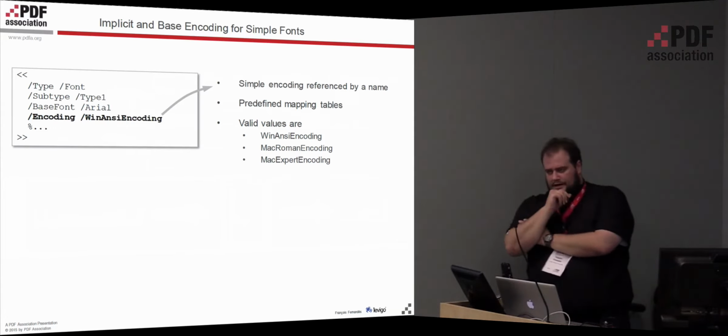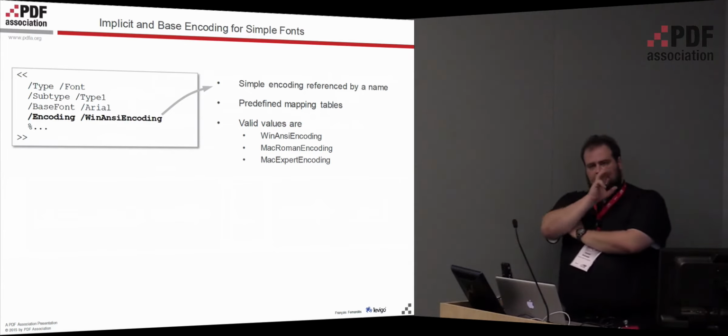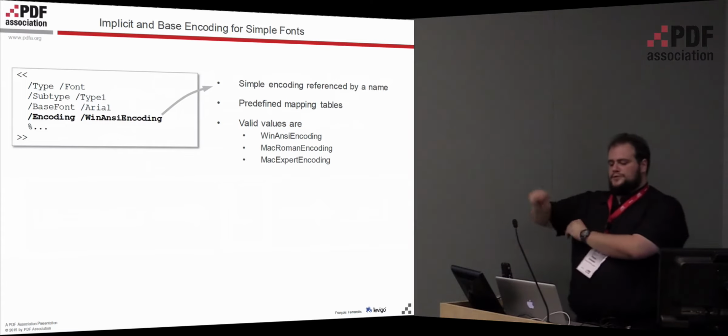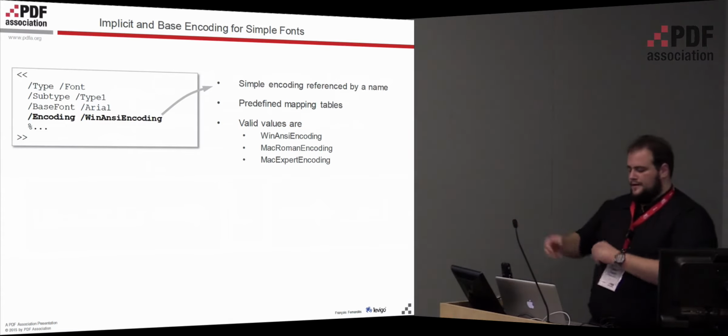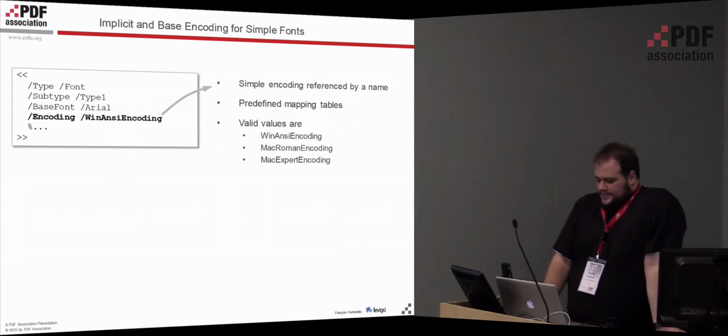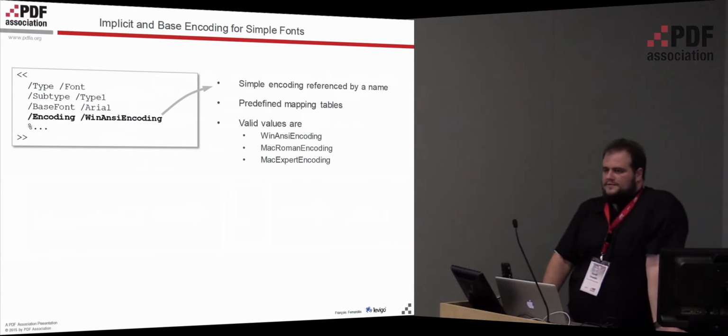And there are other such predefined formats which define how bytes are mapped from raw byte values to something that has a name. Such mappings are the ANSI encoding, as can be seen in the example, Mac Roman encoding and Mac Expert encoding. They all have slight differences, but they are actually specified.